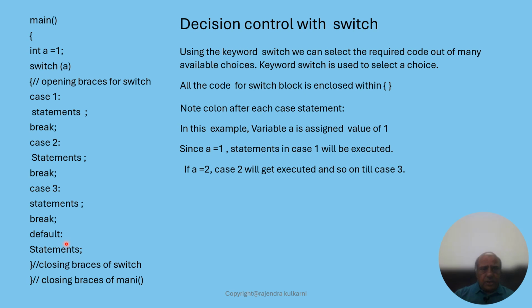Here a has value 1, so only case 1 will be executed. This break will cause the program to come out of the closing braces of switch. This breaks the total switch construct.